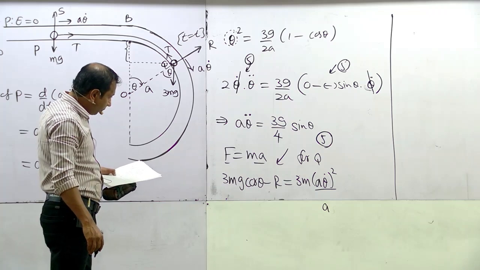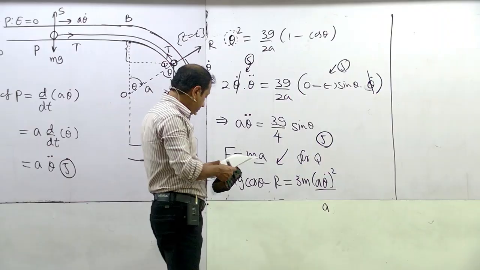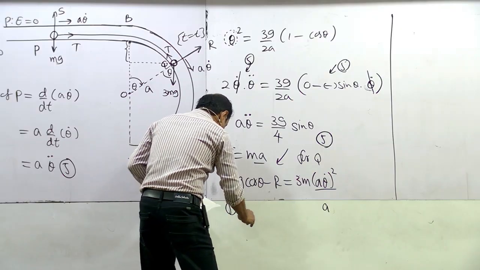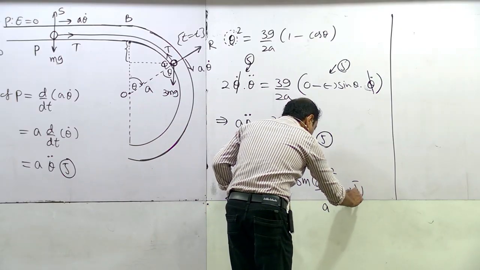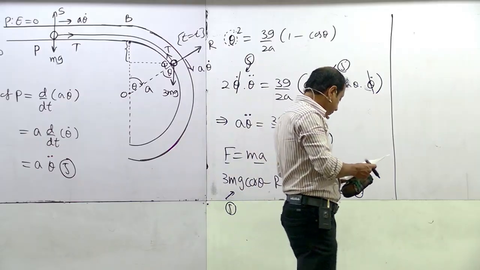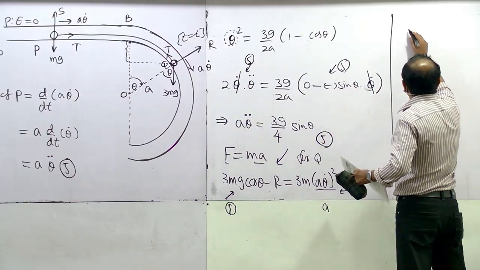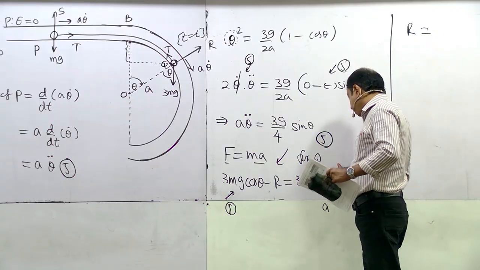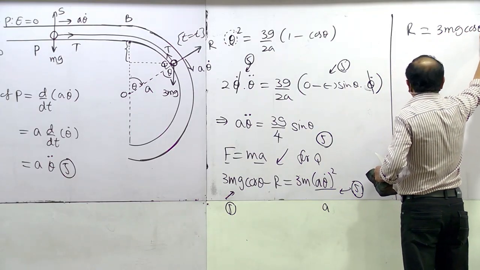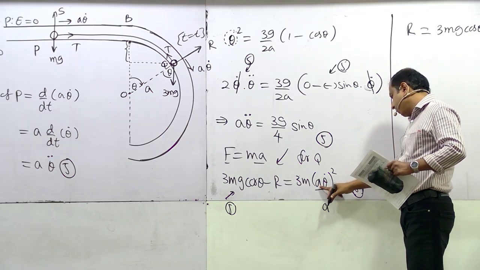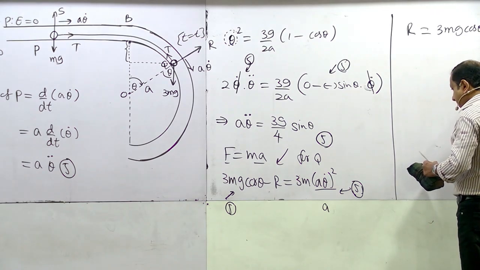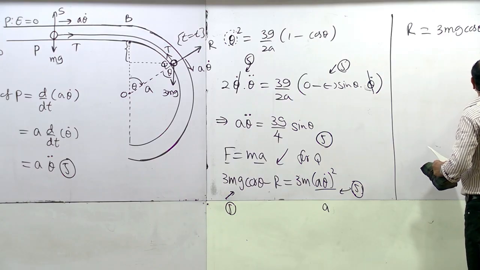Right, we'll make R the subject by this. Here we get for this 5 marks and here 5 marks for this. Right. Then subject R, bring this side and this side, 3mg cos theta. Here we get 3m a theta dot squared.